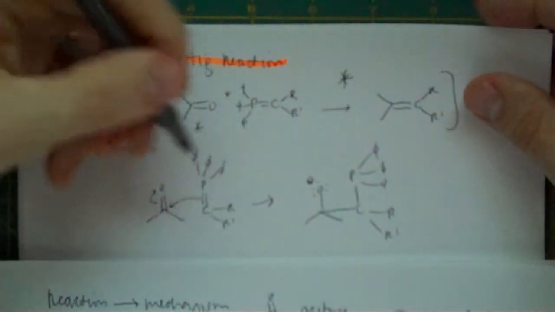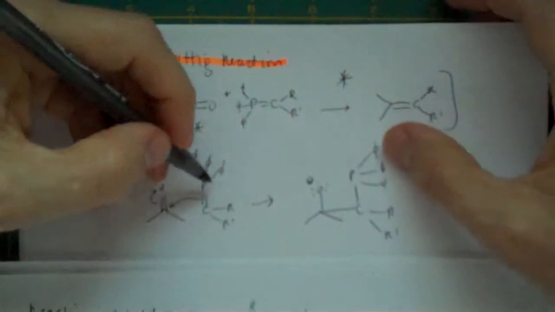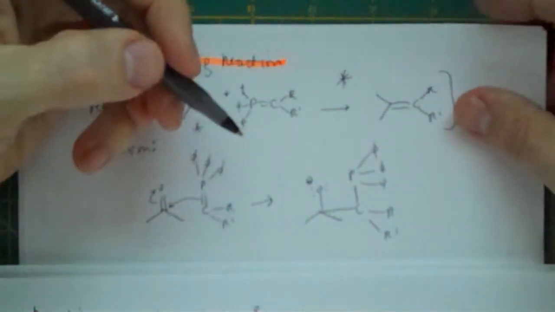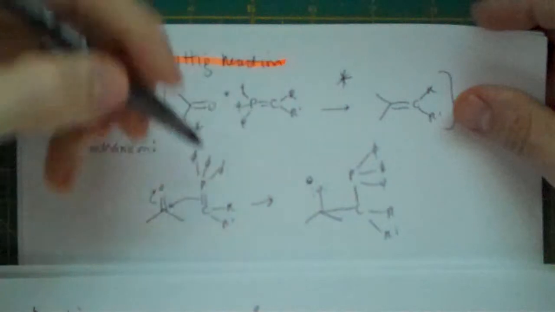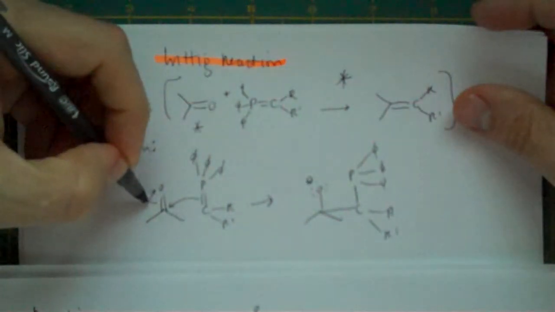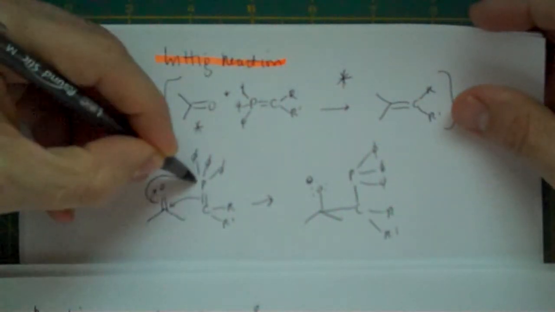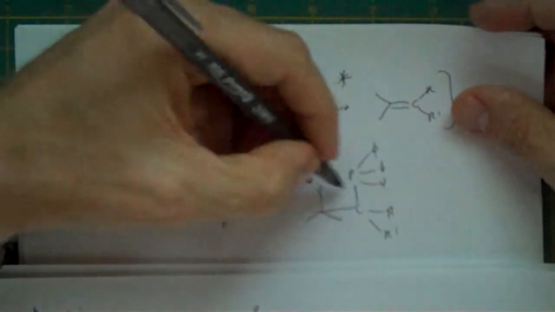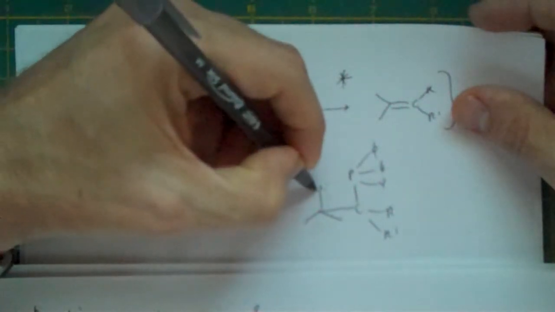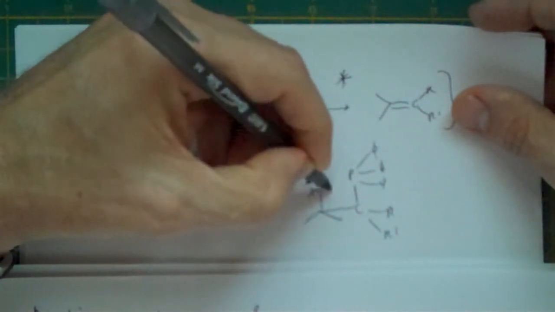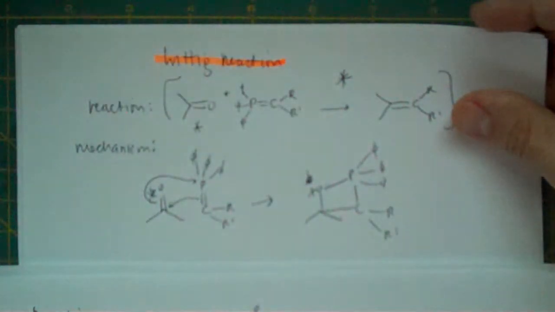Oops, I forgot. Sorry. This phosphorus is electron poor also, because it's a big atom, it can take extra electrons. So really that goes there. This is a mistake. There's no minus on there. These actually go, boom, like that.